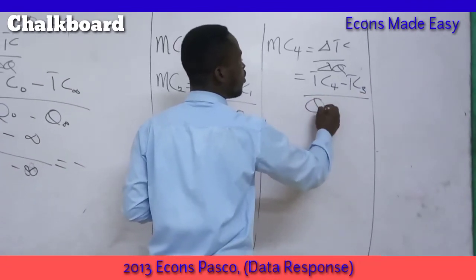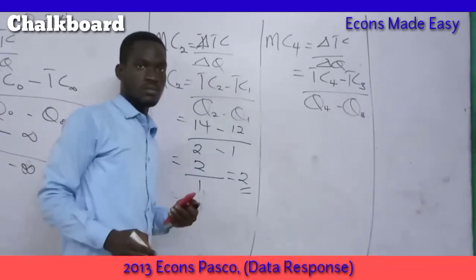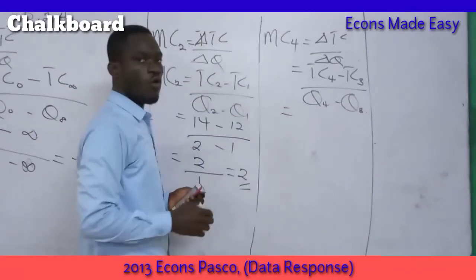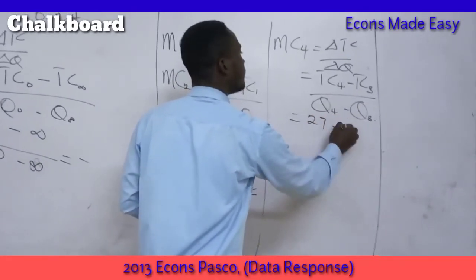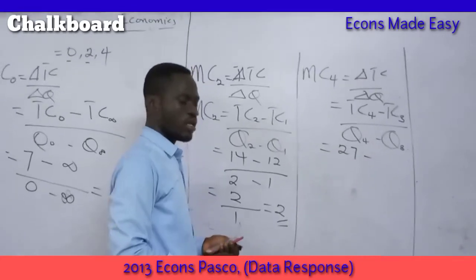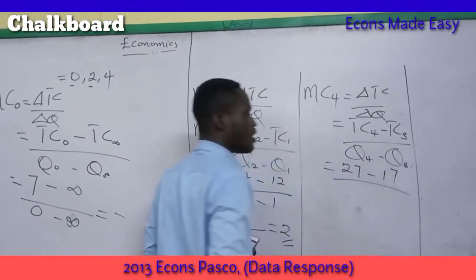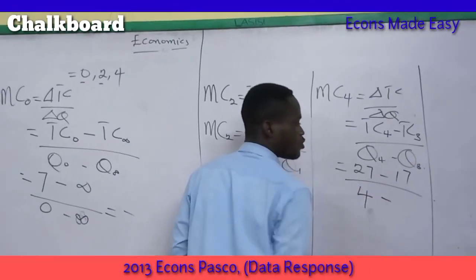All over Q of 4 minus Q of what? 3. And so we are getting, what is our TC of 4? Our TC of 4 is going to be 27 minus, what's our TC of 3? Our TC of 3 is going to be what? 17. All over our Q of 4 is going to be 4 minus what? 3.